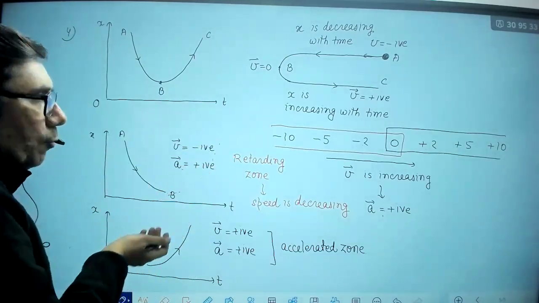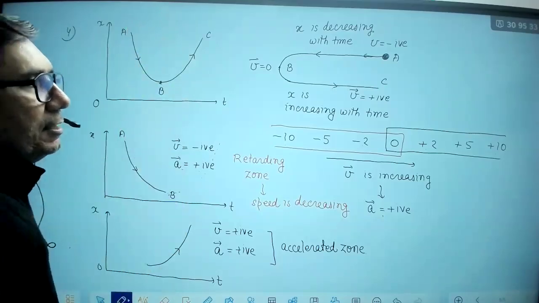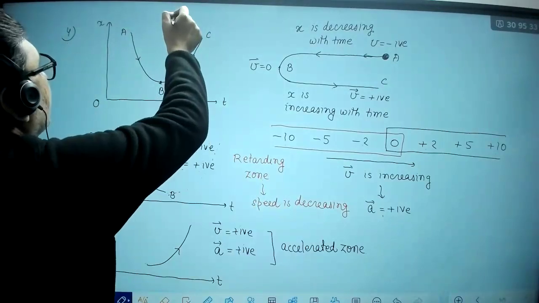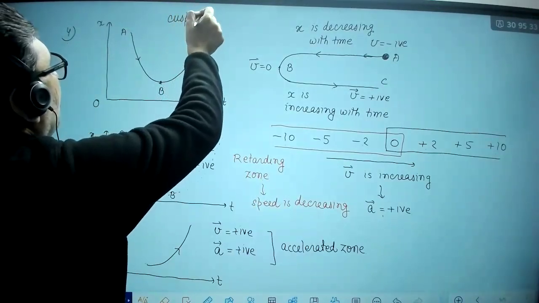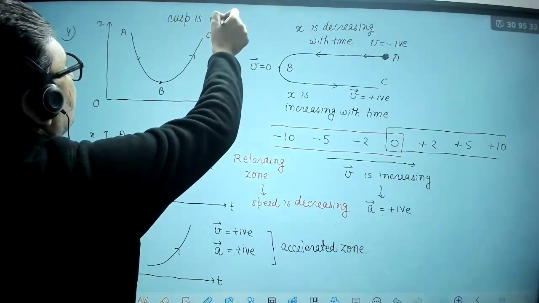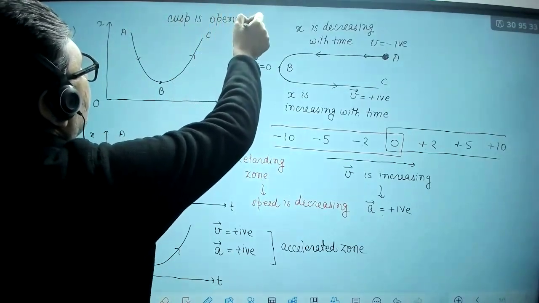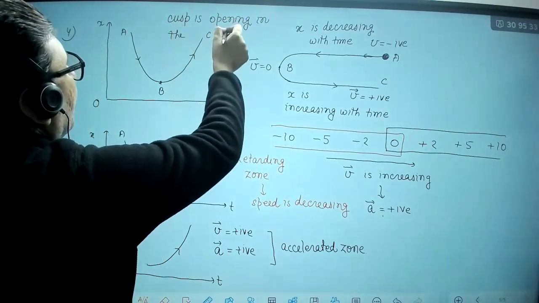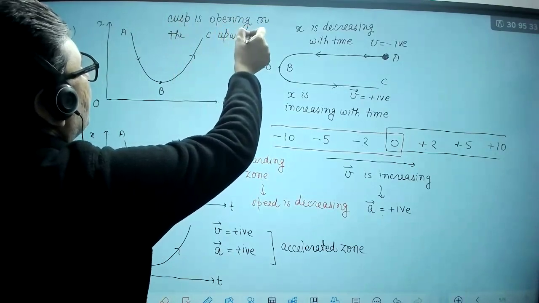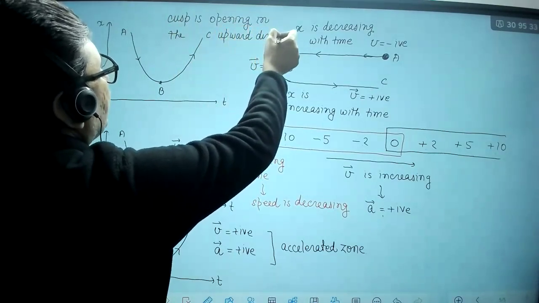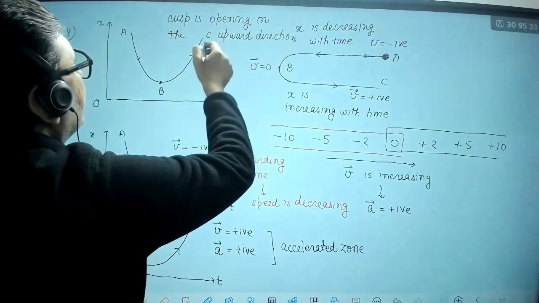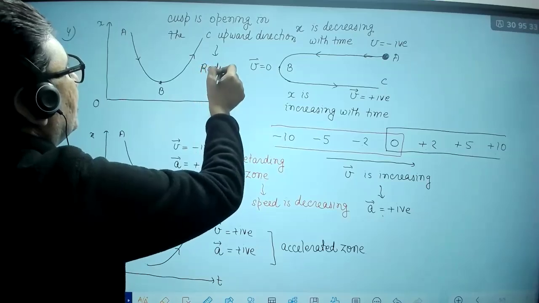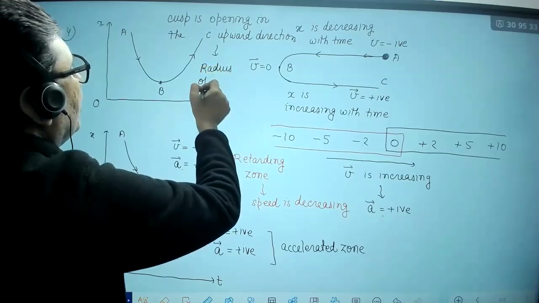So this cusp is opening in the upward direction. Radius of curvature is positive. So here you can write this cusp is opening in the upward direction. You can remember this fact. Directly you can write. Okay? So radius of curvature is positive.